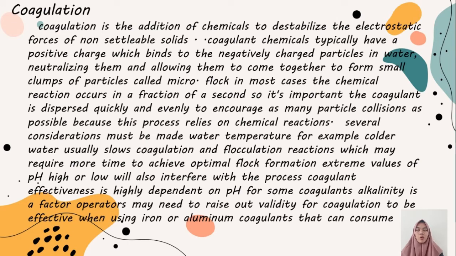Operators may need to raise alkalinity for coagulation to be effective when using iron or aluminum coagulants, which can consume alkalinity and depress pH when they are added to low alkalinity water. Turbidity is also important. The lower the turbidity, the more difficult it is to form proper floc.